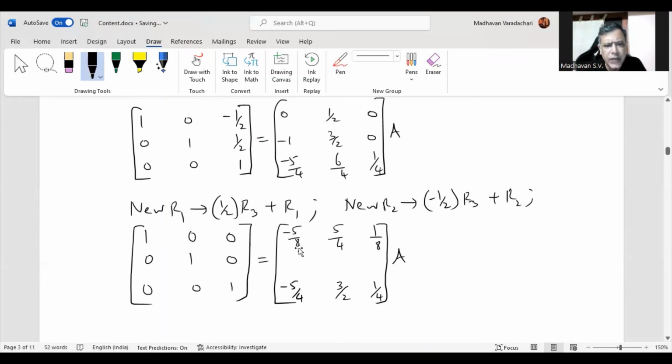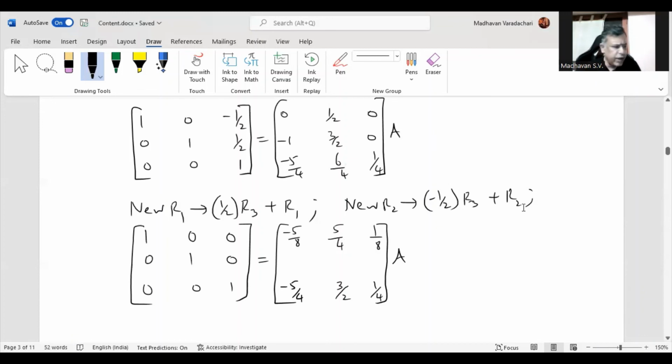That's why I wrote minus 5 by 8. And then half times 6 by 4. 6 by 4 is nothing but 3 by 2. We already saw that. If I do that multiplication, I will get 3 by 4. 3 by 4 plus 1 by 2, I will get 5 by 4. And then 1 by 2 into 1 by 4, which is 1 by 8. 1 by 8, if I add with 0, I will get this 1 by 8. So based on whatever we decided, that is being applied here to get this.